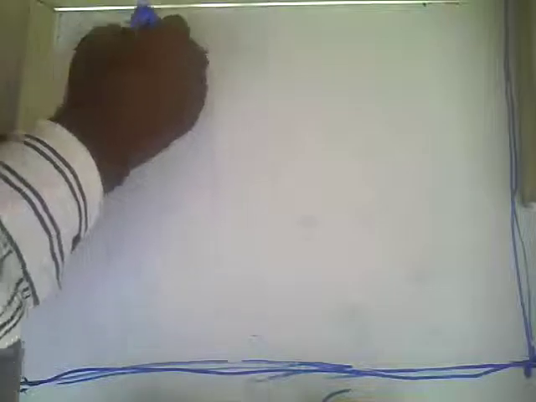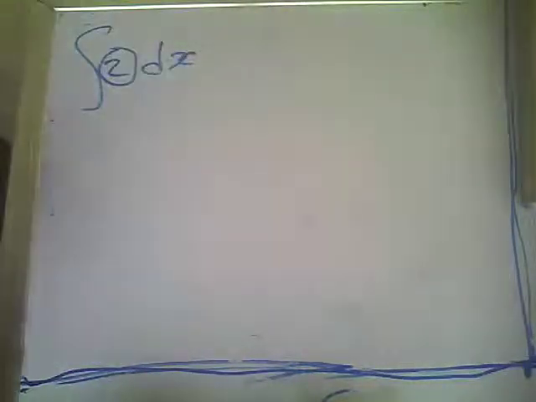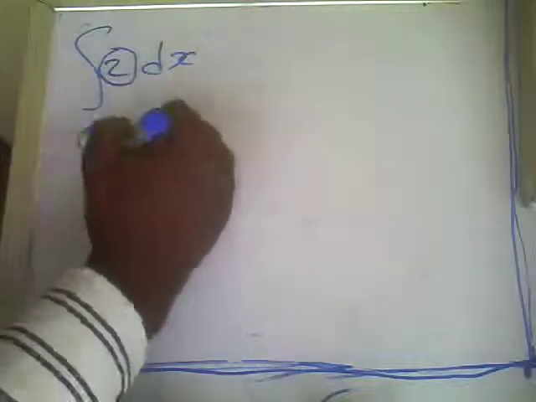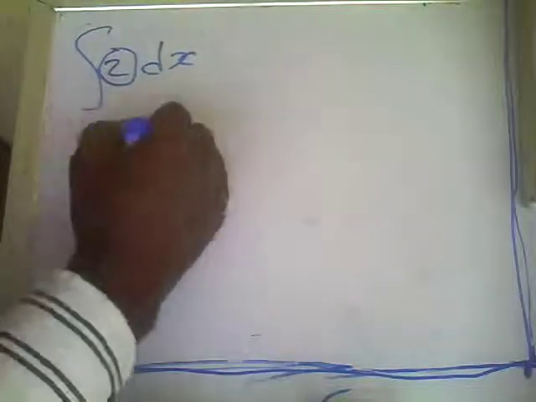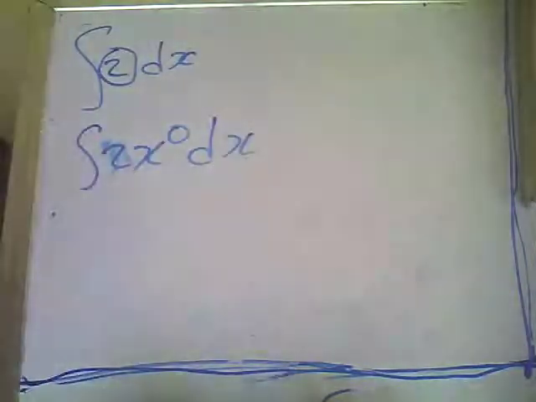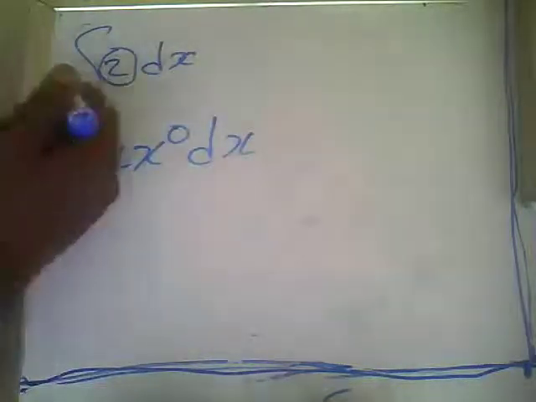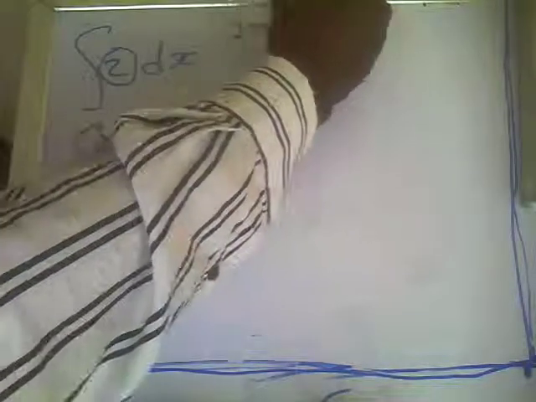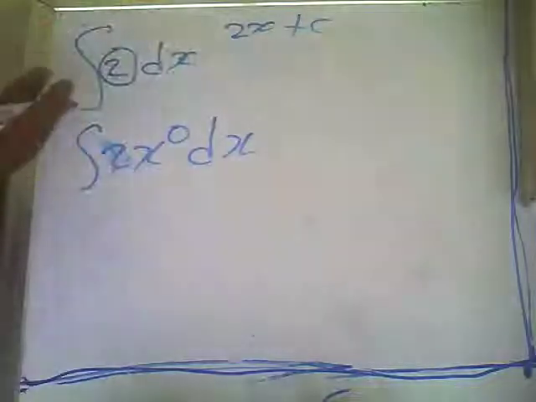You can see that this is not an x function, this is 2. If you want to integrate that, we have to rewrite it as integral 2x to the power 0 dx. You understand? Although if I am to integrate it, I'll just say the answer is 2x plus c. I always multiply the constant by x, then I add c to it. That's the integration of a constant.